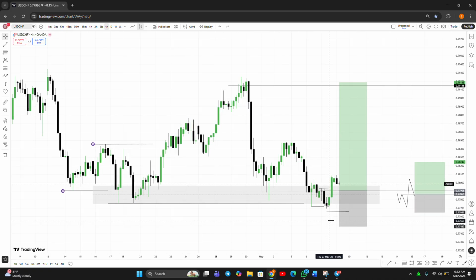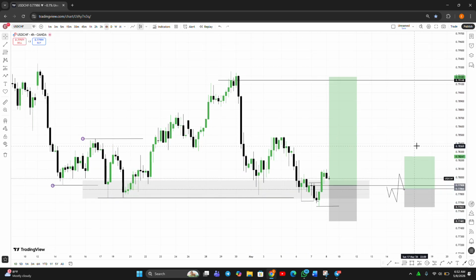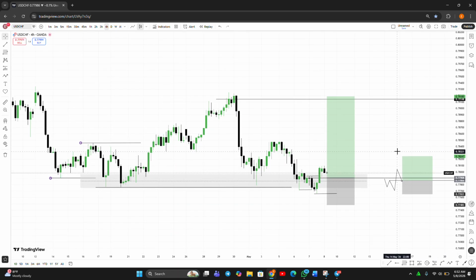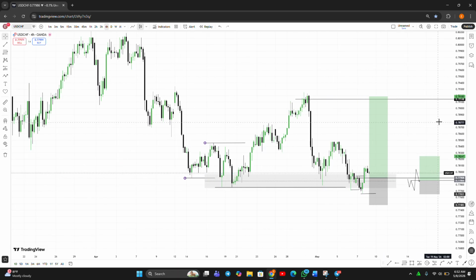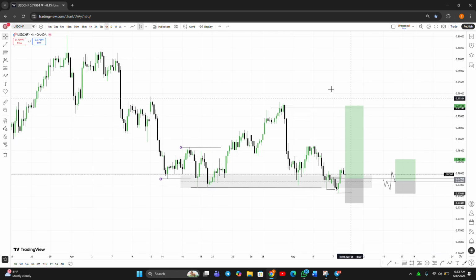So we don't really do much predicting, we just follow price action and await the outcome. So this is my setup on USDCHF. Yeah, that is that. So see you guys later.